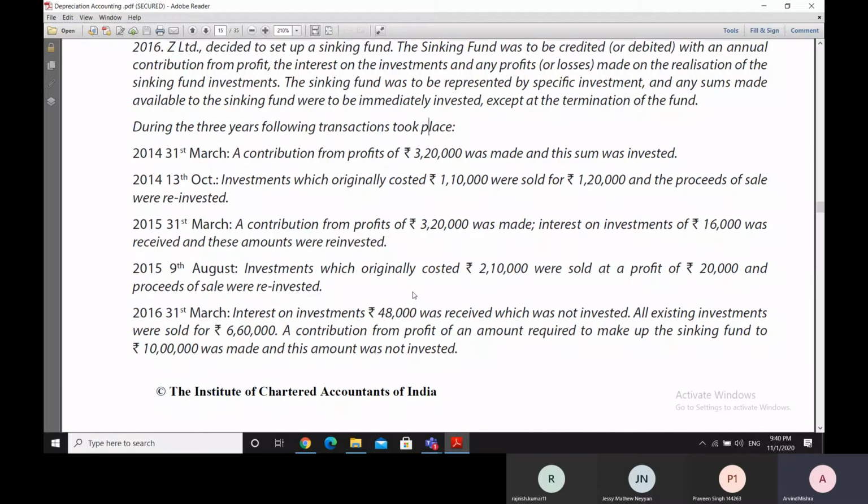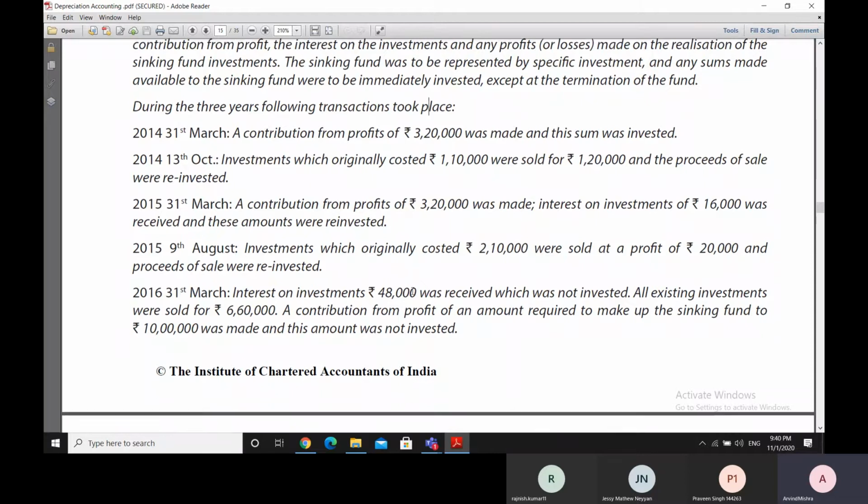And thereafter, on 31st March 2016, we don't need to make any contribution from the profits because 3 years are over. Interest on investment of 48,000 was received, and it need not be invested anymore.